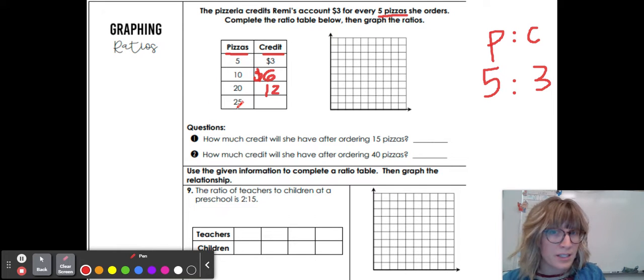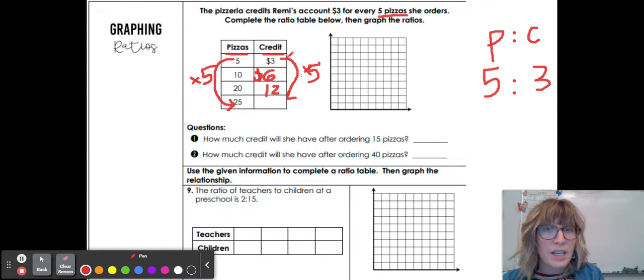So how many 5s does it take to get to 25? I'm going to use this to help me because it becomes a whole number that we can multiply by. So 5 times 5 got us 25. So now I'm going to do 3 times the same thing, 3 times 5, to get us $15 of credit.